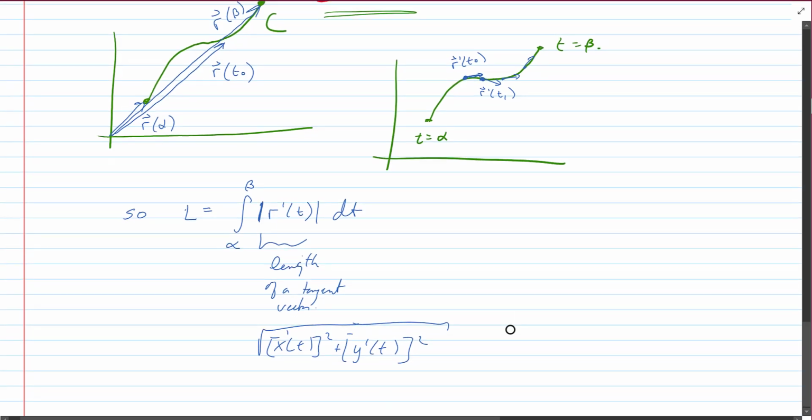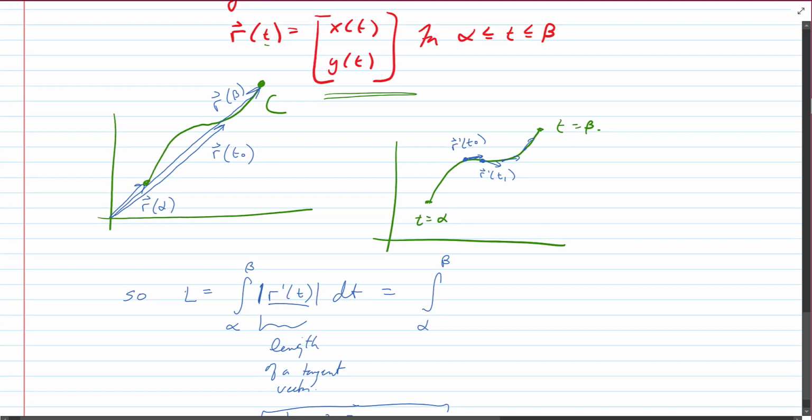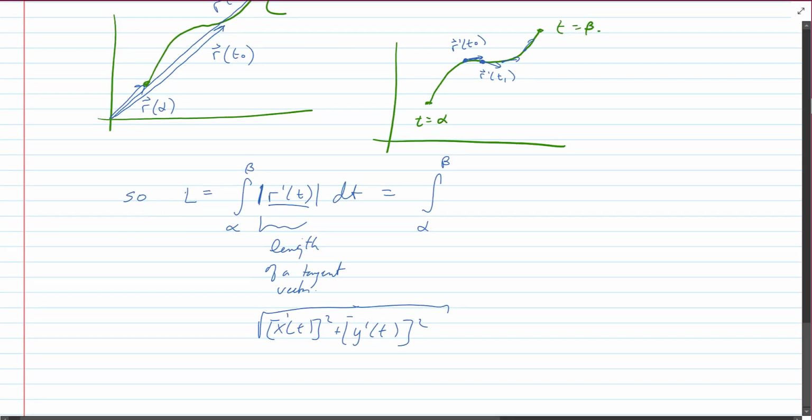But this is the last thing I want to say, and this is why I think this fourth viewpoint is the most important viewpoint. We're going to take the integral from alpha to beta. What's another way of writing the derivative function of r? Well, if this is a position function, which we're imagining it is, we can write the derivative of a position vector-valued function as a velocity function.